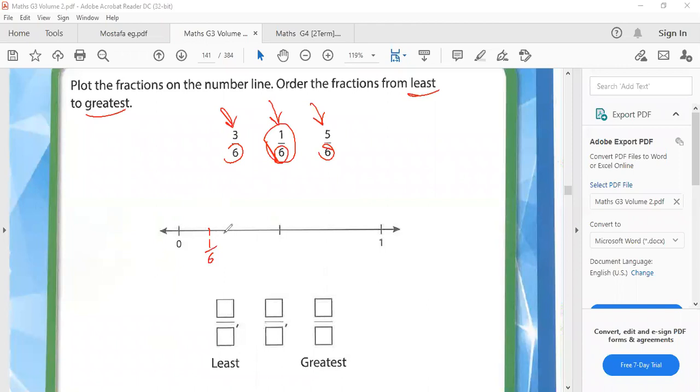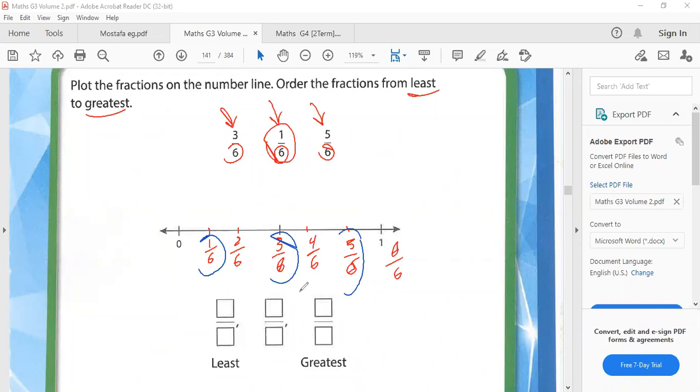Or we can use the number line. We can divide this into 1 over 6, 2 over 6, then 3 over 6, 4 over 6, and 5 over 6, like this. And 1, of course, will be 6 out of 6. Okay, so we can circle the three fractions that we need: 1 over 6, 3 over 6, and 5 over 6, like this.